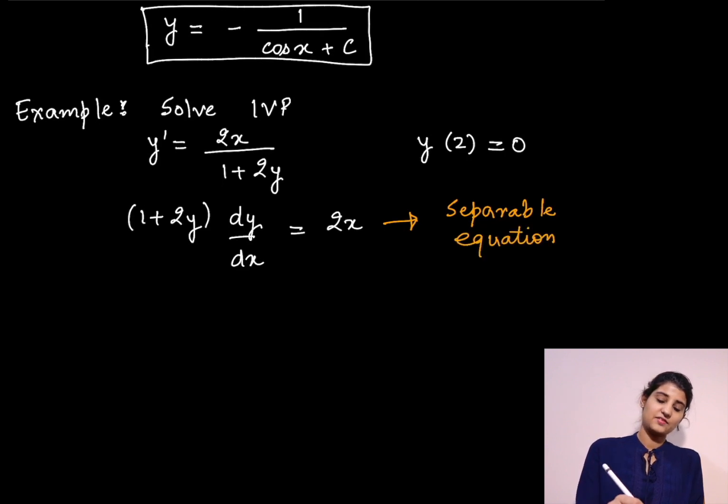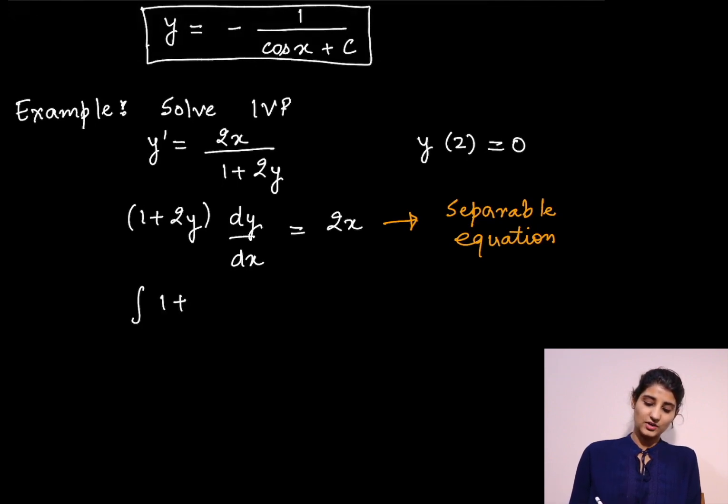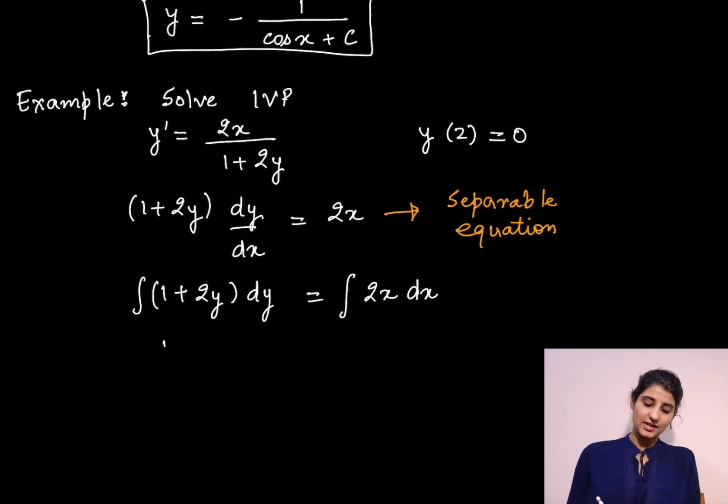If we have a separable equation, we just need to integrate both sides. So the integral of (1 plus 2y) dy is the same as the integral of 2x dx. The integration of 1 is y, times this 2, the integral of y is, we increase the power by 1 and we divide by the same power, equal to 2 times the integral of x, which is we increase the power by 1 and we divide by the same power.